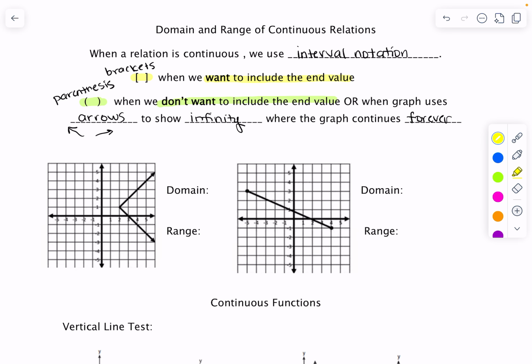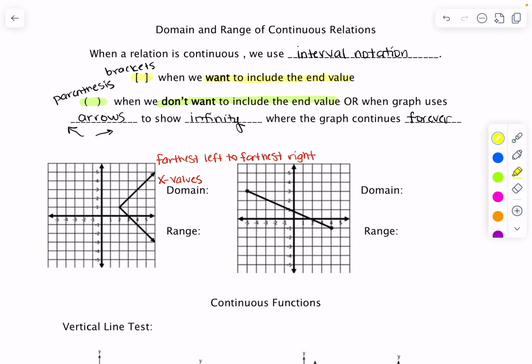So here are two continuous graphs. If I am trying to find the domain of this graph, remembering that domain is still my x values, I'm going to write it as a coordinate pair, sort of, and it's always going to be your farthest left to your farthest right.